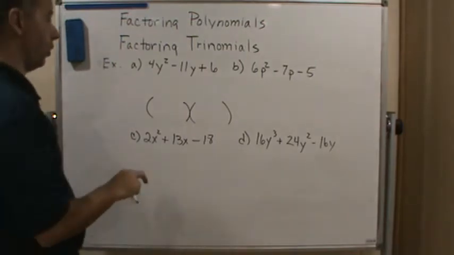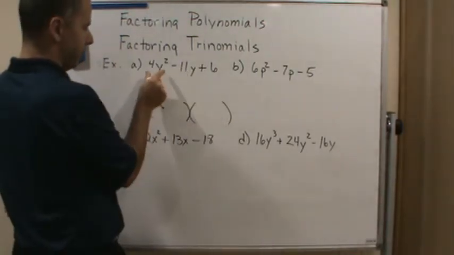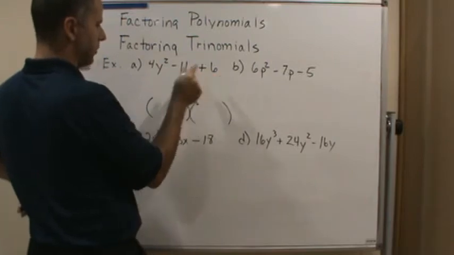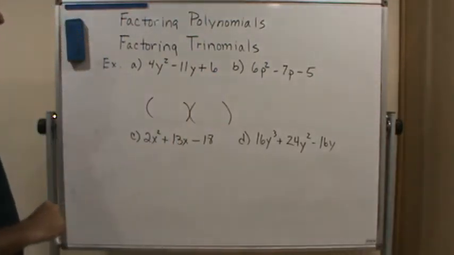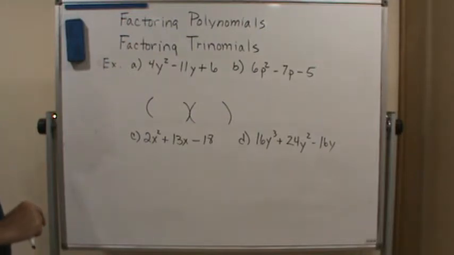Because I know in order to get the middle term, it's going to be a factor of this times a factor of that. And I've got to figure out what that is. So here's how it works.